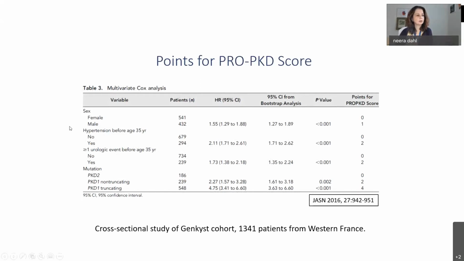And the way this is set up, if you are male, you get 1 point. If you have hypertension before the age of 35 or a urologic event before the age of 35, that gives you 2 points. And then depending on genotype, you get 0 to 4 points, with a PKD1 truncating mutation being the most severe.